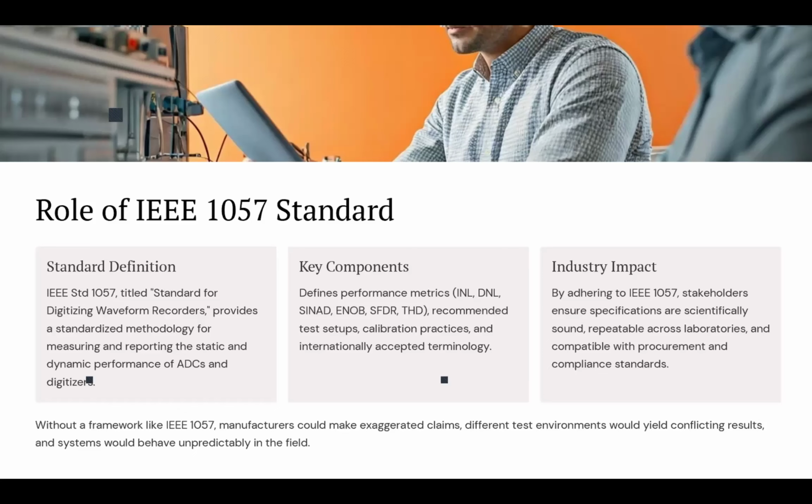So IEEE 1057 kicks in for us to have a universal definition and procedure for testing all those architectures. But we have to notice that different architectures behave differently when we talk about the evaluation of the performance.